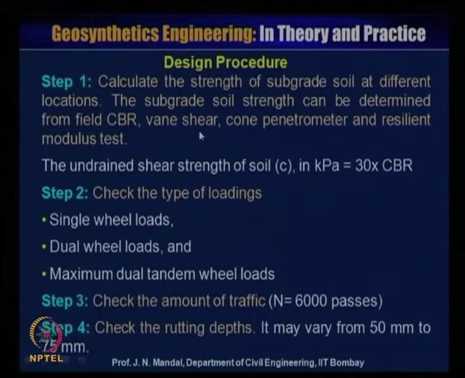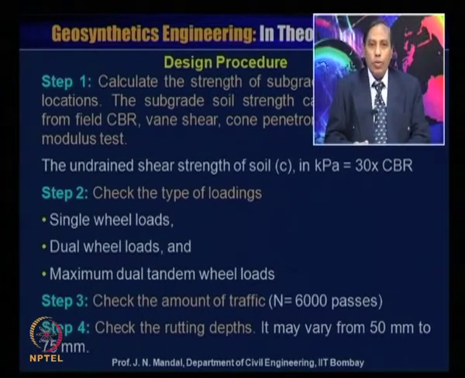Step 1, calculate the strength of the subgrade soil at different locations. The subgrade soil strength can be determined from the field CBR, vane shear, cone penetrometer and resilient modulus test. When you can calculate the CBR value, then you can also calculate the undrained shear strength of the soil: Cu is equal to 30 into CBR, in terms of kilopascal.